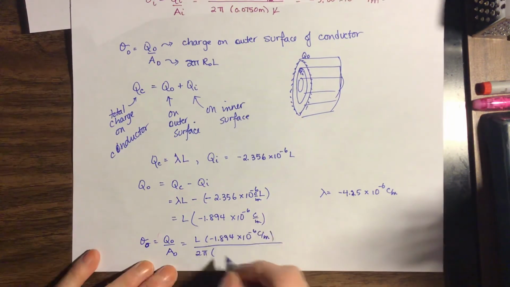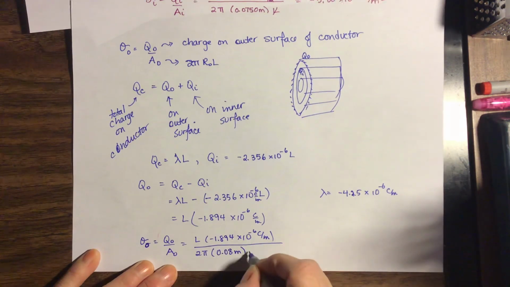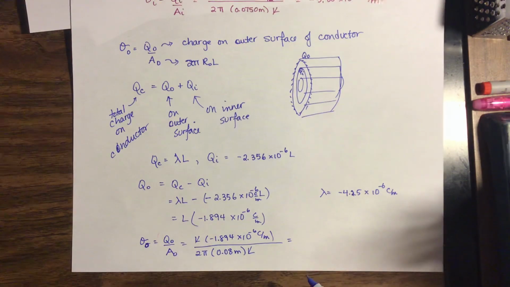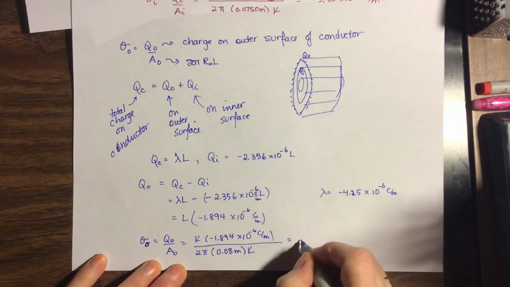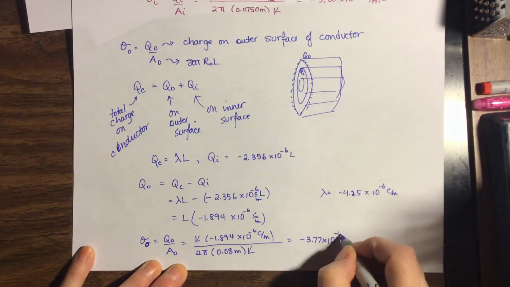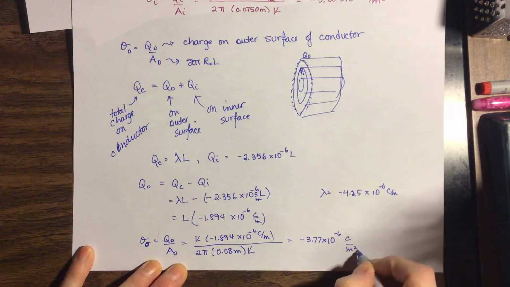That radius was given as 8 centimeters times the length L. Those lengths cancel. And when we do that through the calculator, what we get is minus 3.77 times 10 to the minus 6 coulombs per meter squared.